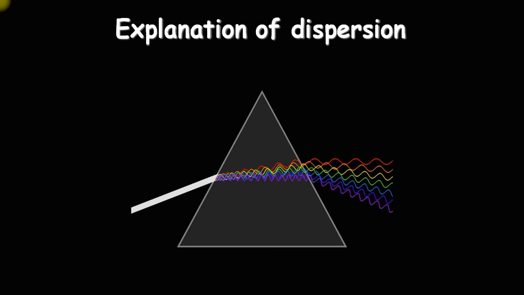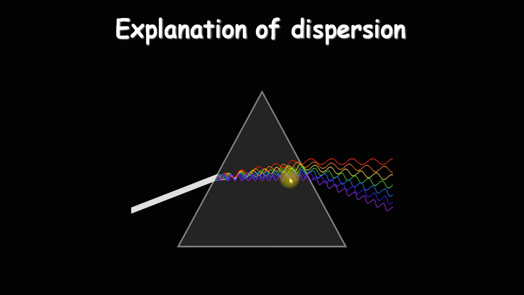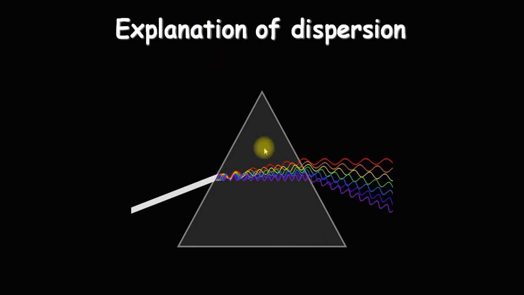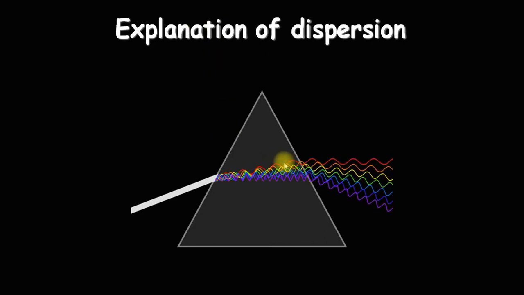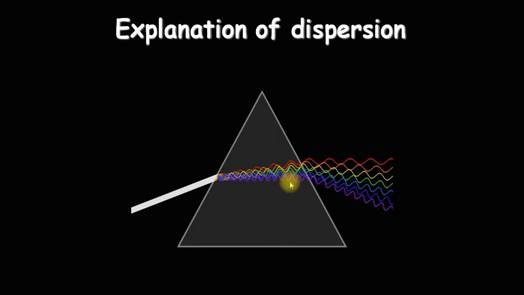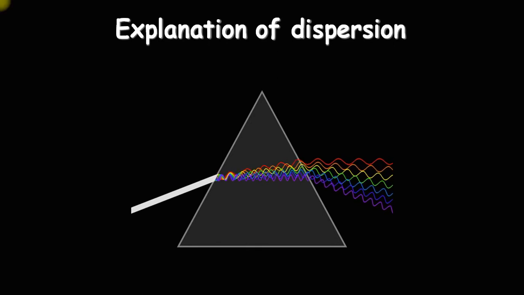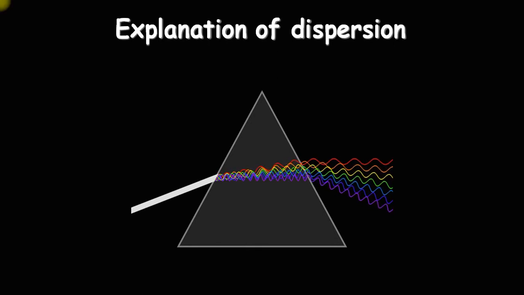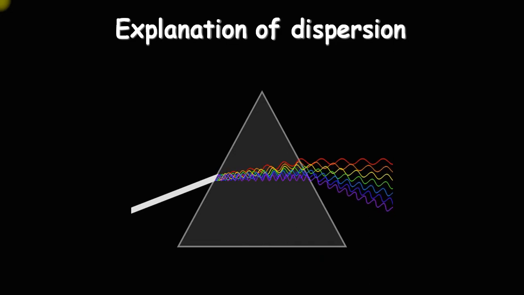When you display this spectrum in an electromagnetic arrangement, you discover they have different frequencies. So the red light has the least frequency, and the violet has the most frequency. Okay, so these account for the separation. So we can easily explain this using speed and wavelength.